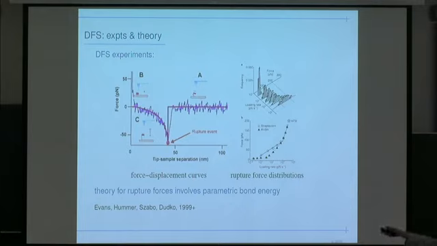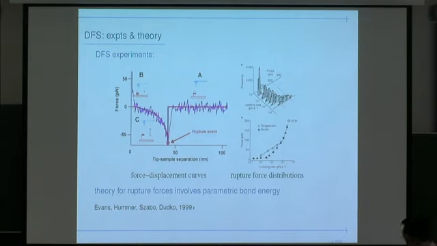You pull, and it ruptures and breaks, and you can measure the position of this rupturing event. This is all very parametric. This is escape over a barrier: you pull, the barrier gets lower, and it breaks off. So depending on how fast you pull and the position of this breaking force, you try to reconstruct what the potential looked like.